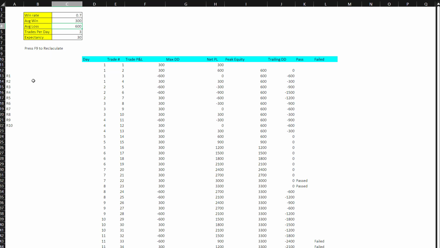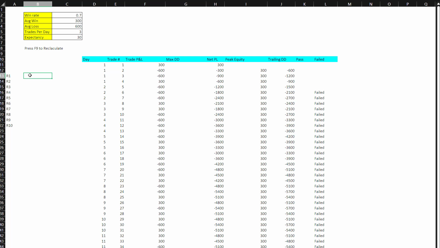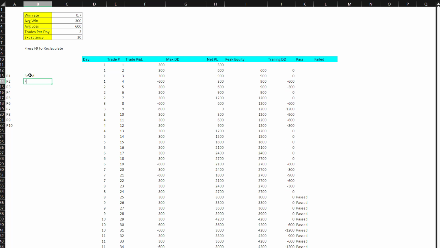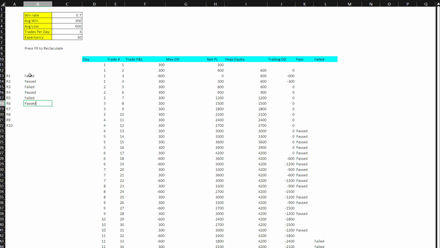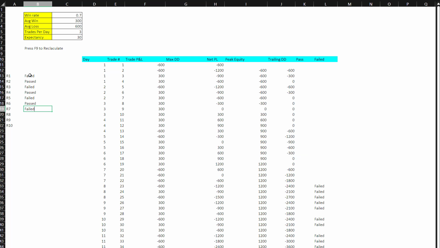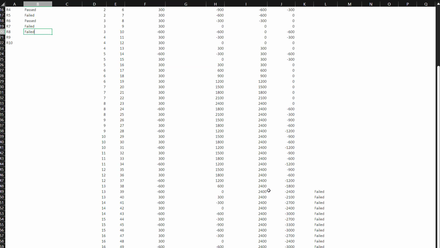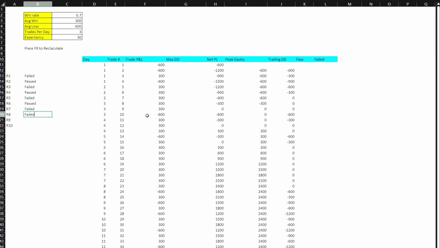Let's just see how this looks. We'll hit F9. Okay, so run 1, you failed within 4 trades. We'll hit it again. You passed. Hit it again. You failed. You passed. You failed. You passed. You failed. You failed. On day 40, you failed. You passed.